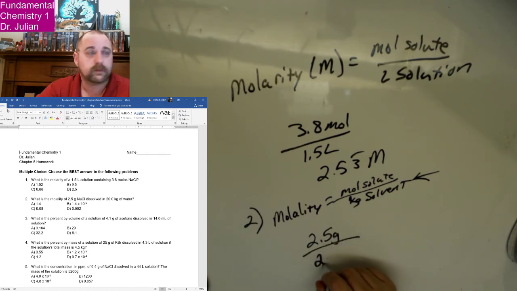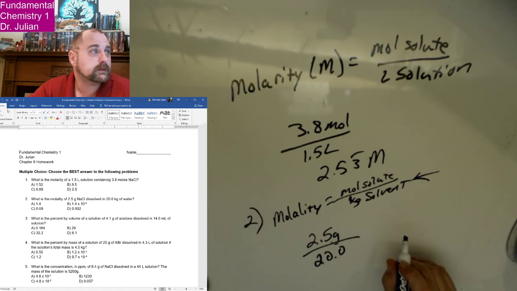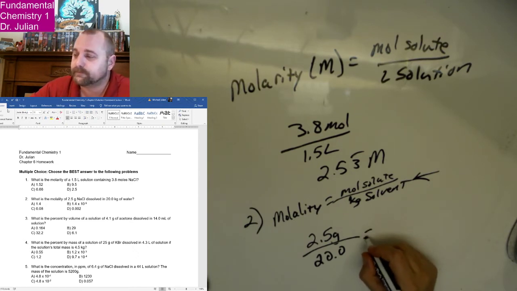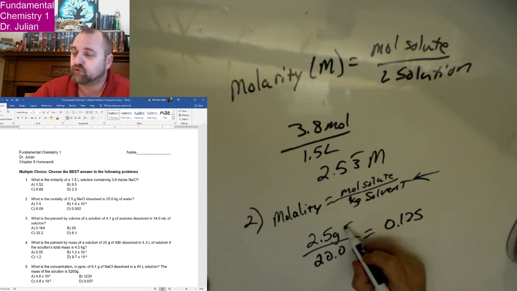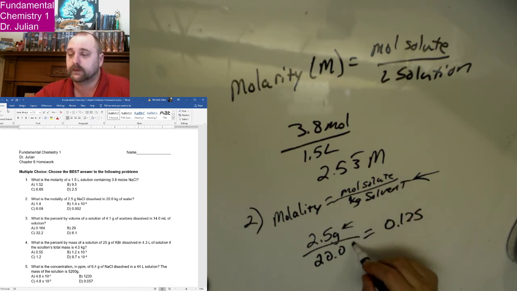That's my solvent. 2.5 divided by 20 is 0.125. But this is grams, right? That's not the right thing. This is kilograms. Gotta have moles.